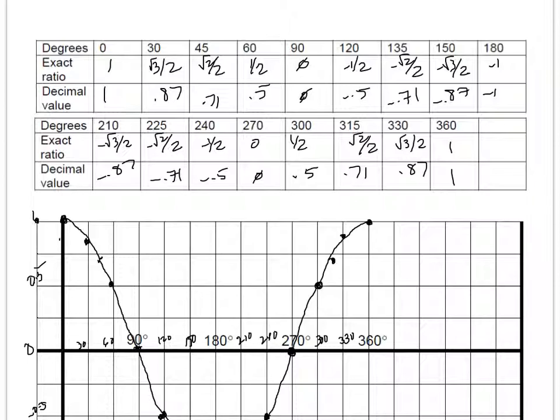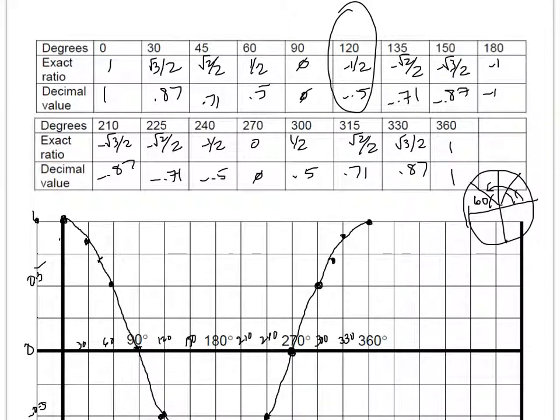Let me give you one example, for instance, 120. To find the cos, you draw the unit circle. I know that it's 120, so this angle is 120. This angle is going to be 60. So the reference angle is going to be 60 degrees.